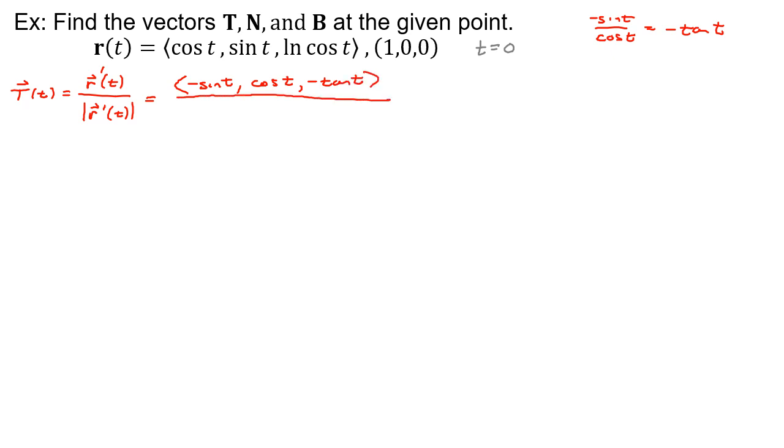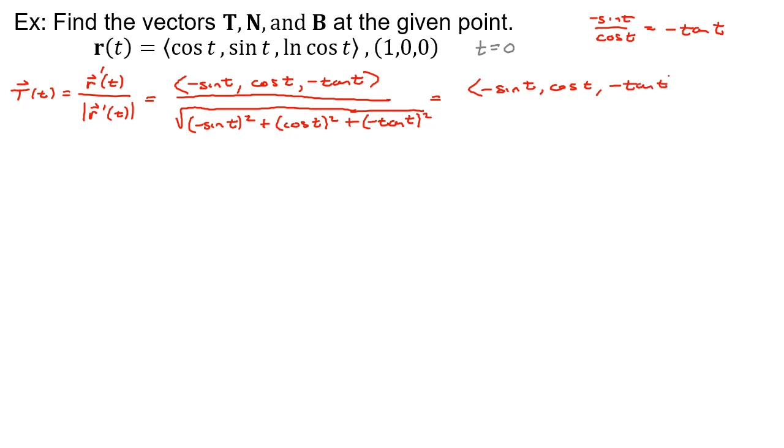which actually works really well here because when I do the magnitude on the bottom, because they all have trig functions in them, this is going to simplify really nicely. So on the top, I'll have a negative sine t, cosine t, and negative tangent t.